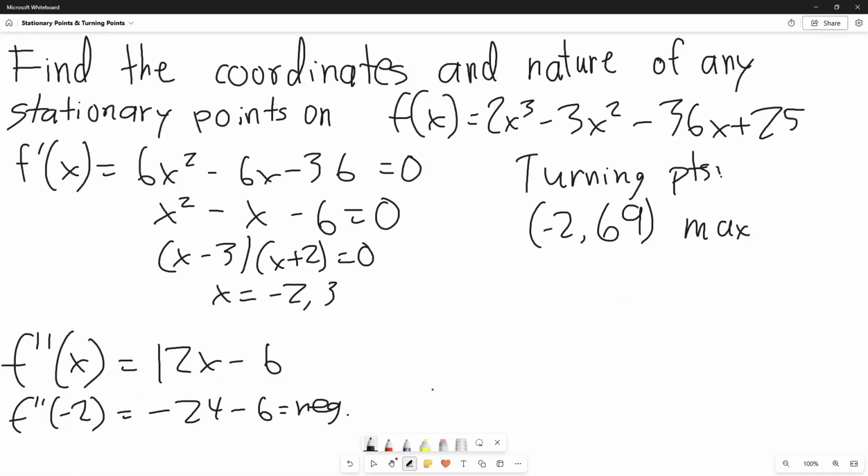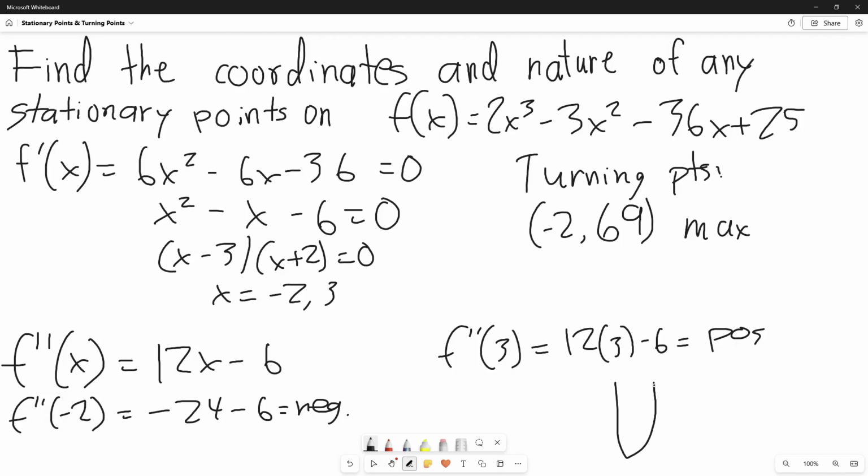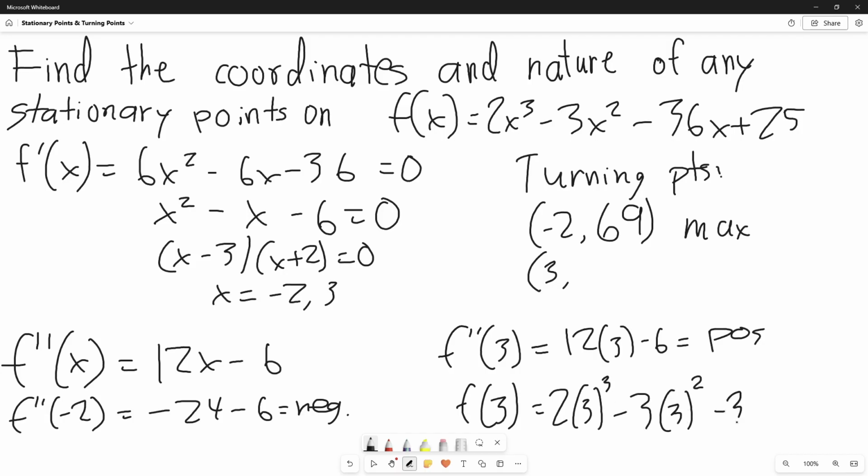And now let's try f double prime of 3. And this is going to be 12 times 3 minus 6, which is positive. Which means, again, because this is concave up, it's going to be a minimum point. So at 3, we need to find the y value as well. We can just do f of 3, which is 2 times 3 cubed minus 3 times 3 squared minus 36 times 3 plus 25.